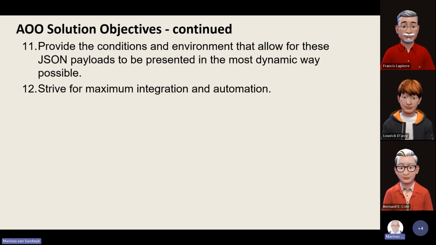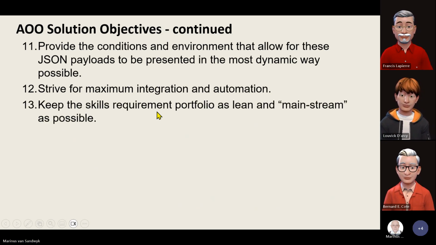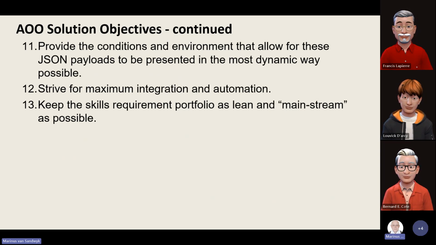We're striving, and have strived thus far and will continue to do so, for maximum integration and automation of the solution. One of the key objectives from the beginning was to keep the skills requirement portfolio as lean and as mainstream as possible.